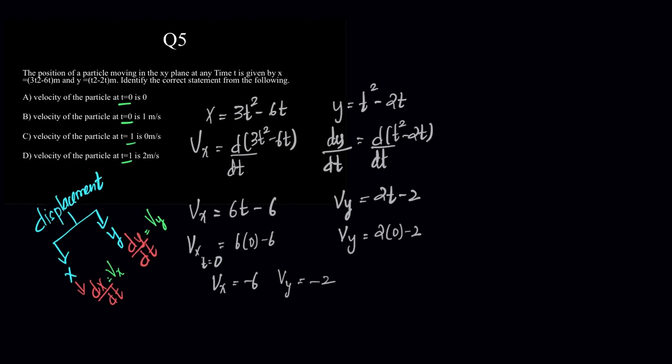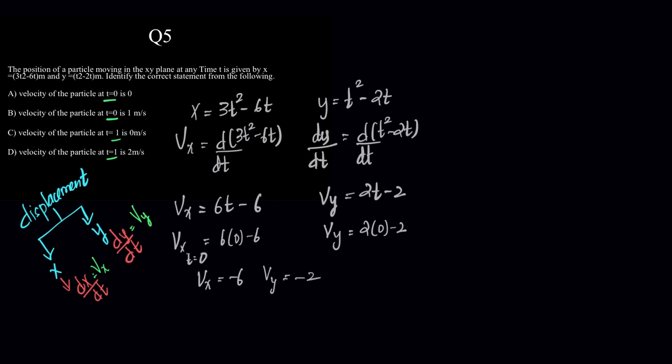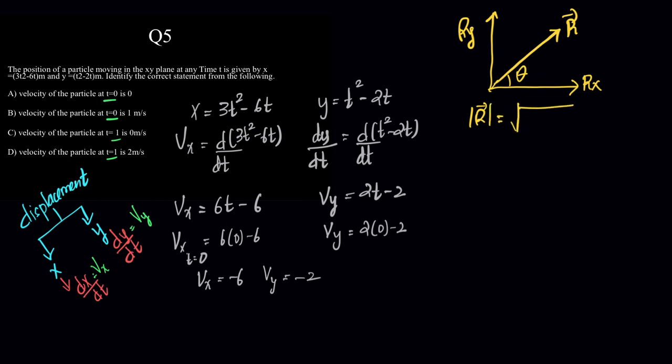Now let us bring the concept of resolution of forces. See, if a vector R is inclined at an angle theta with the horizontal, then we can resolve two components, Rx and Ry, in which case the magnitude of the resultant is equal to root of Rx square plus Ry square.